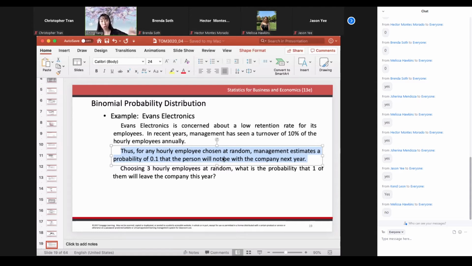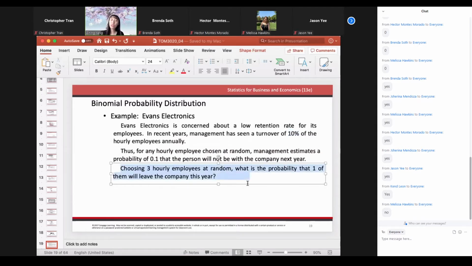So use what's already pointed out, what's defined, to be your success. And then the other outcome will naturally become failure. And then, right, if you use 100% minus the probability of success, you naturally get the probability of failure.